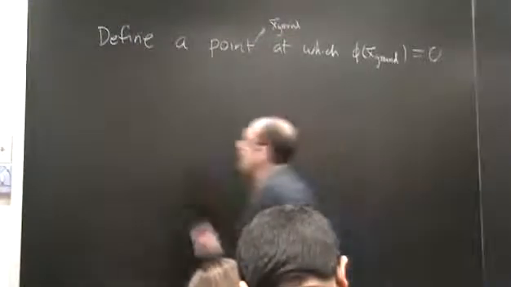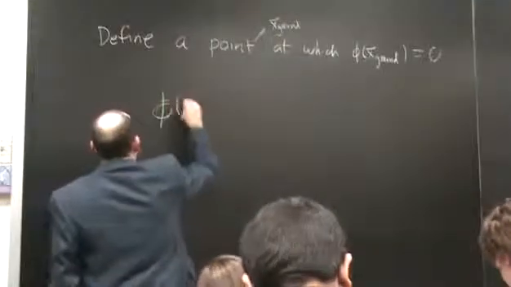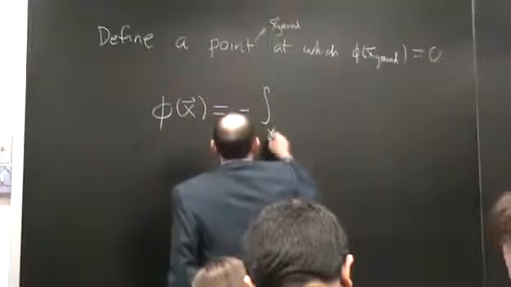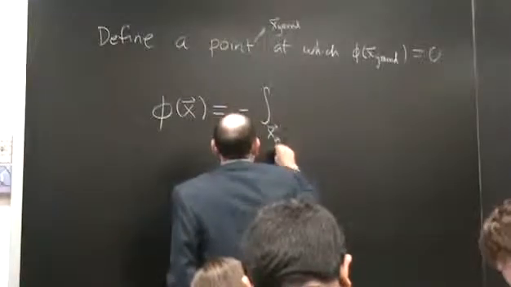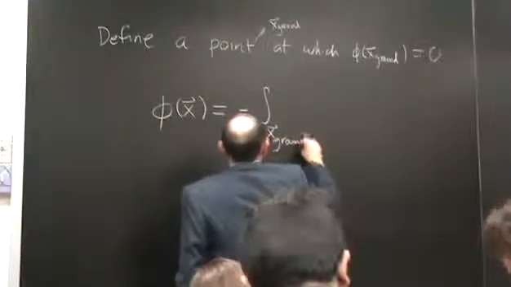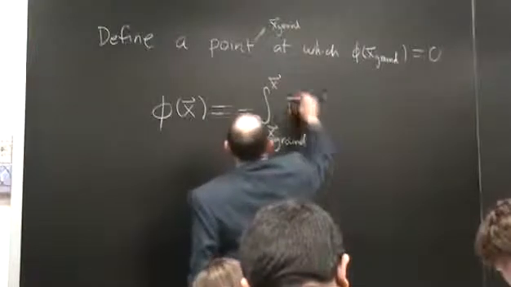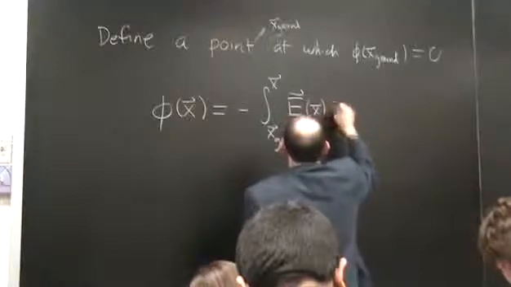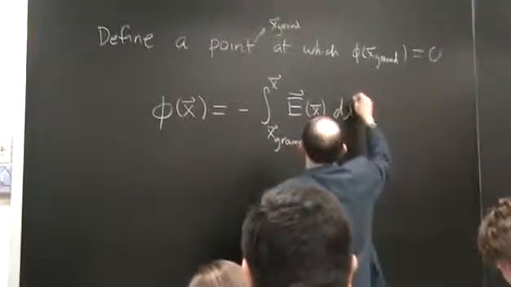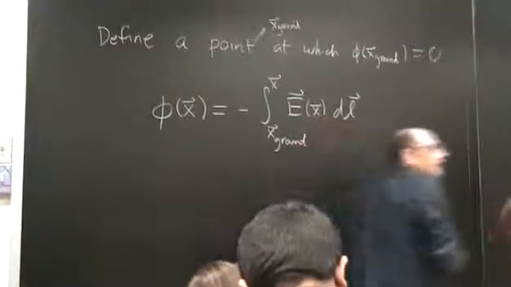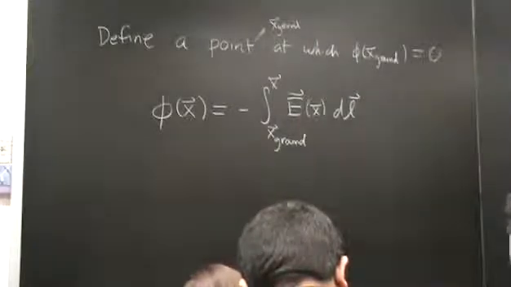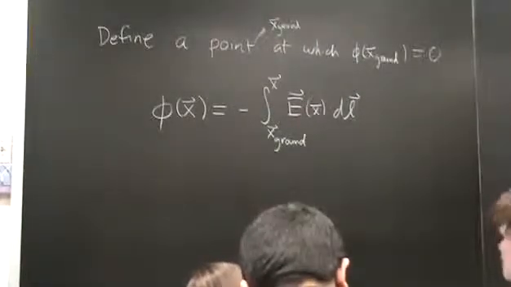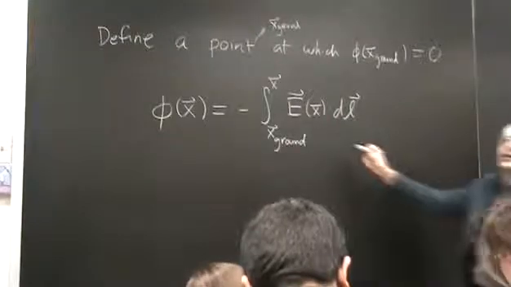Okay? Thus, the electrostatic potential at an arbitrary point is related to the electric field by integrating along any simple path from ground to the point of interest.